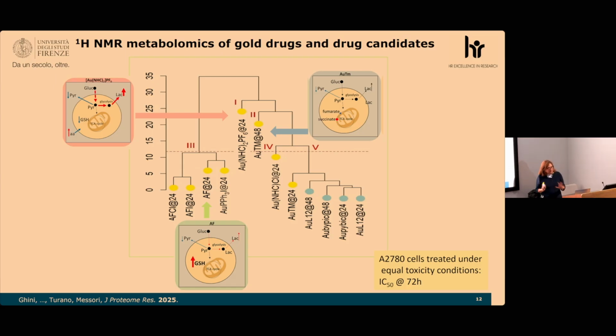So, at variance with the case of platinum-2 drugs, in the case of gold 1, the nature of the ligands is modulating the effects. This is not unexpected in the sense that in the case of platinum, the target is always DNA. In this case, the targets are sometimes not yet identified cytosolic proteins.